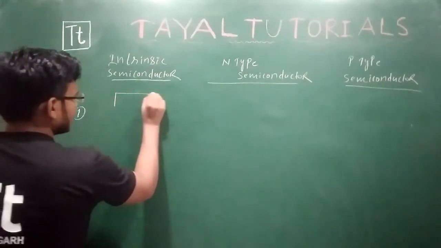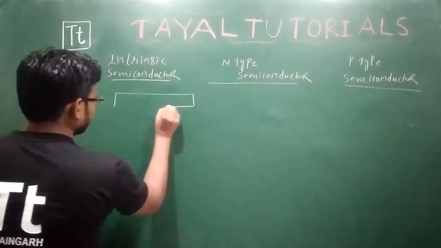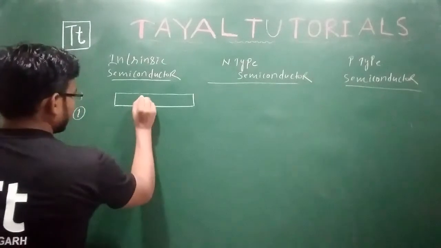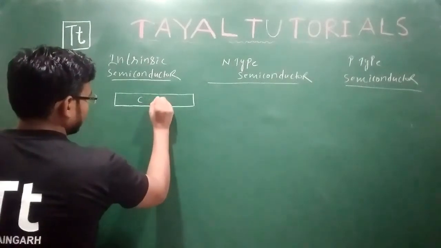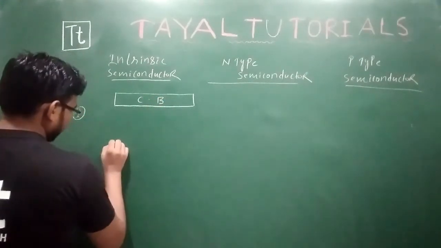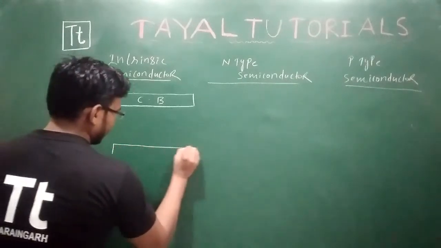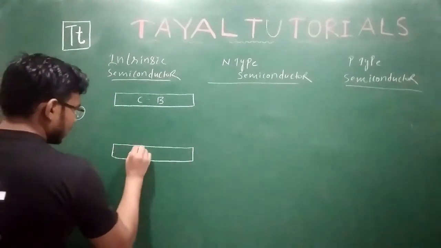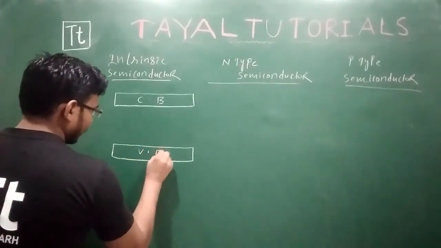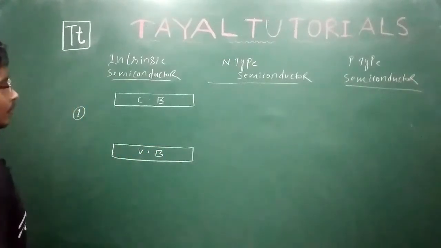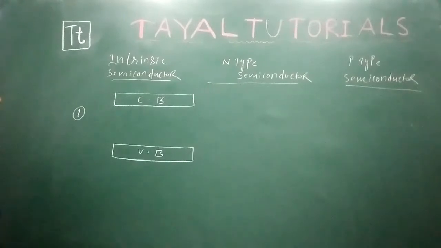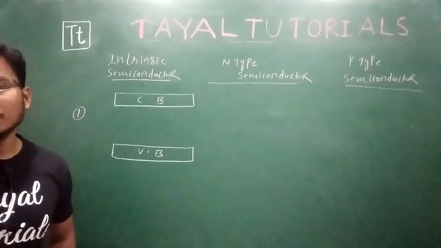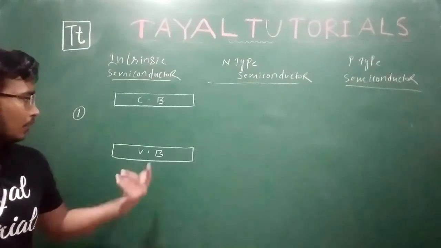Let's see, this is your conduction band, we are writing with CB. This is your valence band, we are writing with VB. So the possibility of an electron going from valence band to conduction band will be only one.